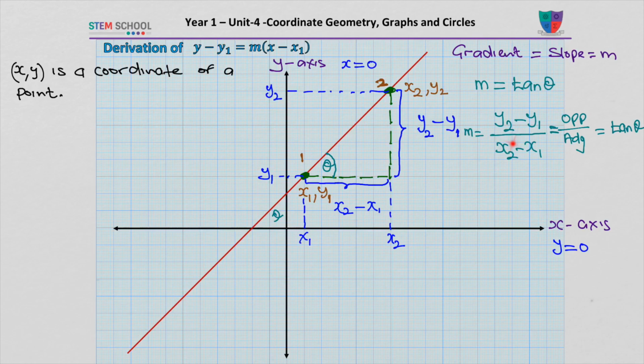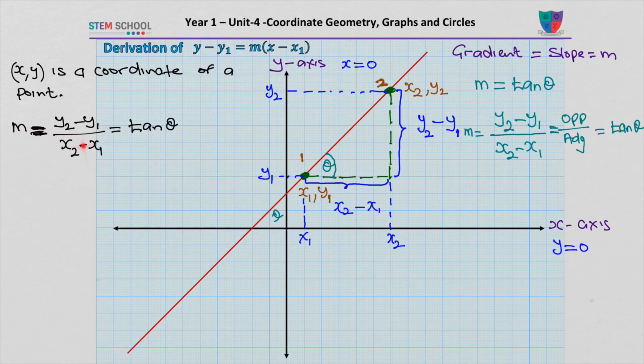So the slope, or the pitch angle, tan of that is tan theta, and that tan theta is called m. M is the slope, gradient, and this is opposite over adjacent, and that equals y2 minus y1 over x2 minus x1. So a good thing to remember is that the slope is also called tan theta.